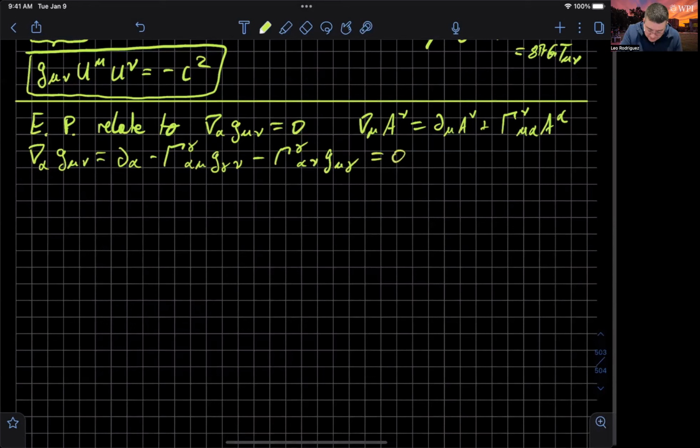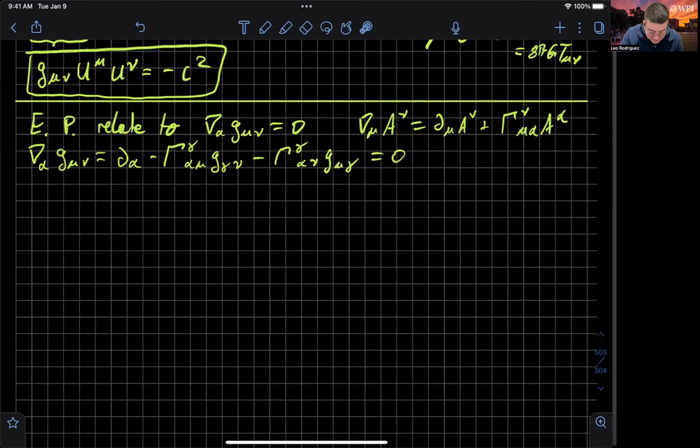And keeping in mind this equals 0. And this equation, like I said, fixes capital gamma, my connection.